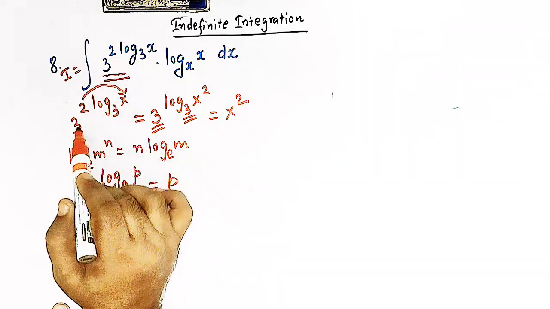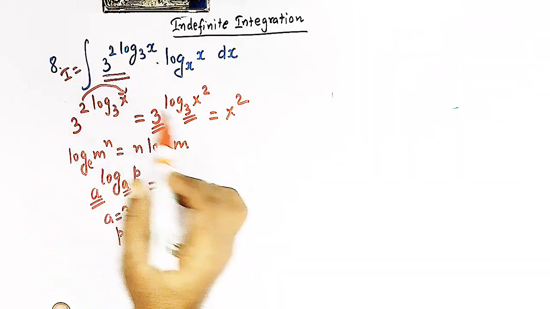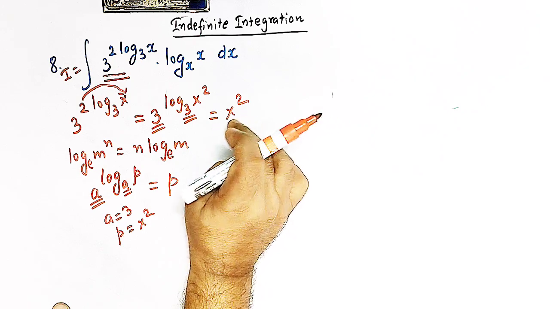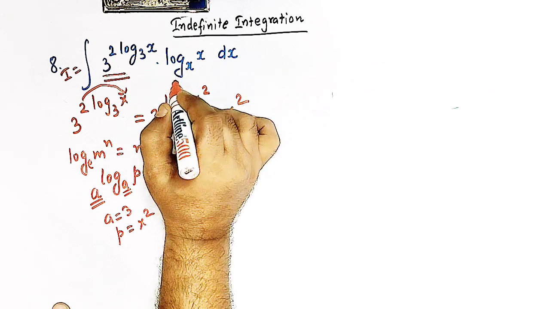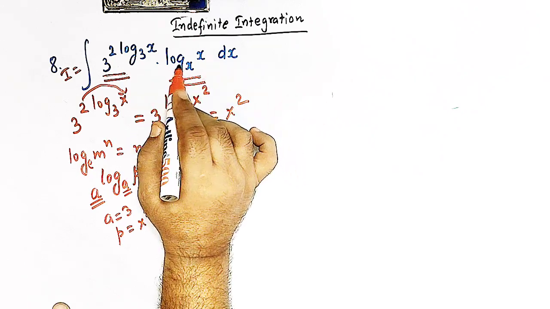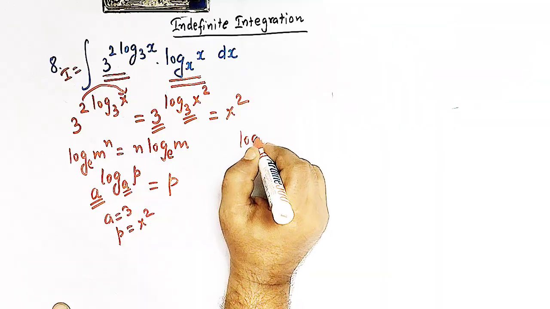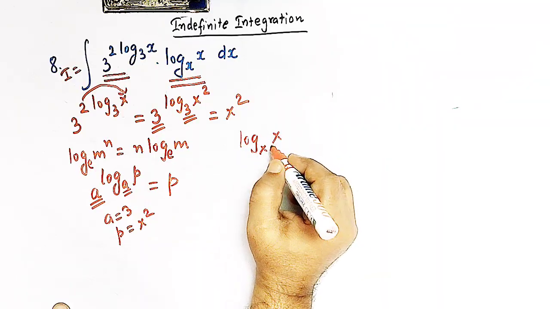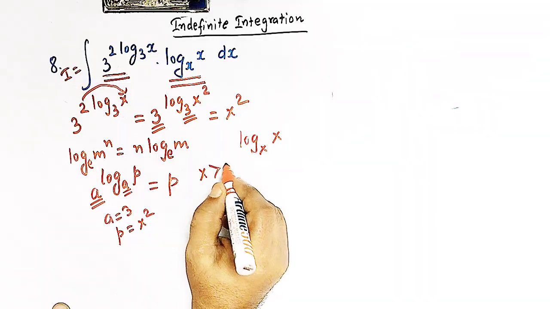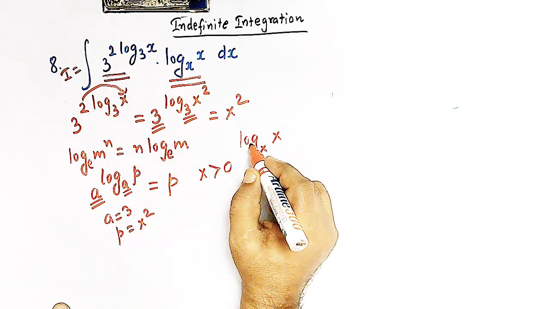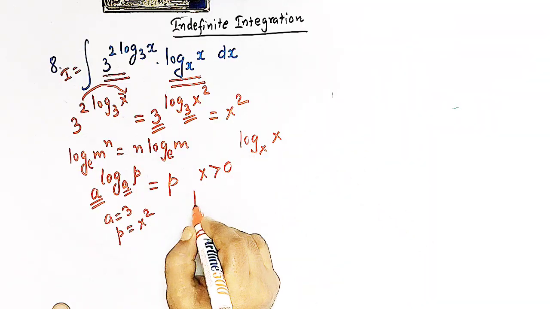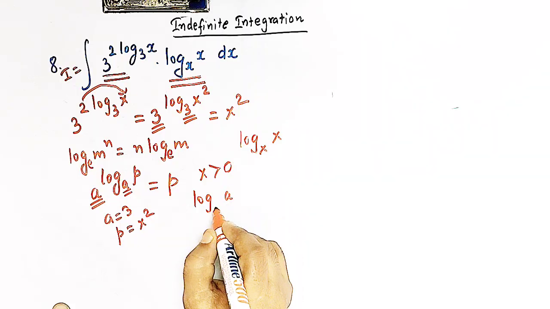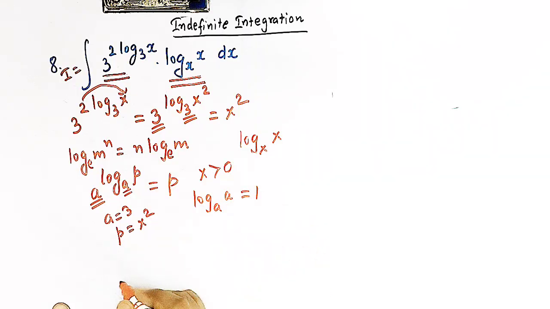So the value of this expression is simplified to x square, and here we have the second term, that is logarithm of x to the base x, and here obviously x is greater than 0. We know that log of a to the base a is equal to 1.